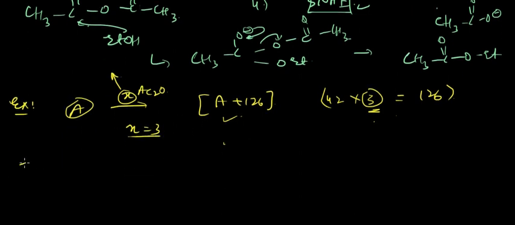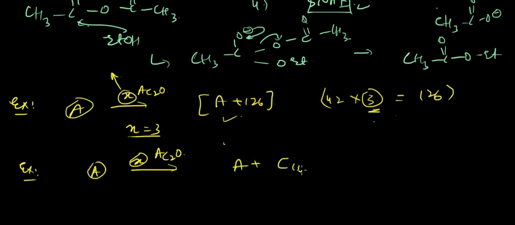Similarly, in this example, compound A reacts with X moles of Ac2O, and we get A plus C10H10O5. Obviously, X is equal to 5. Why?